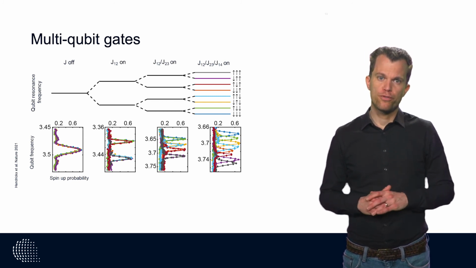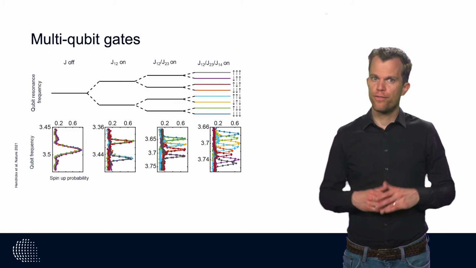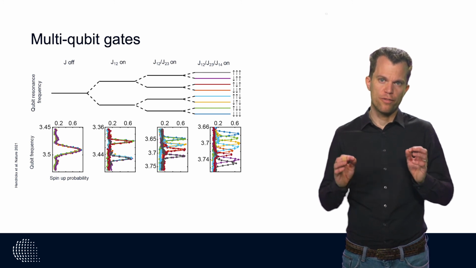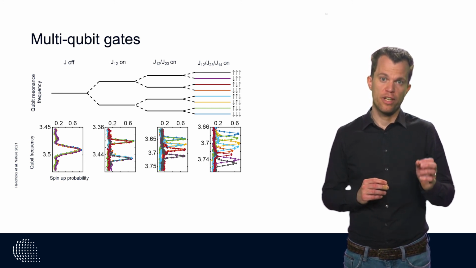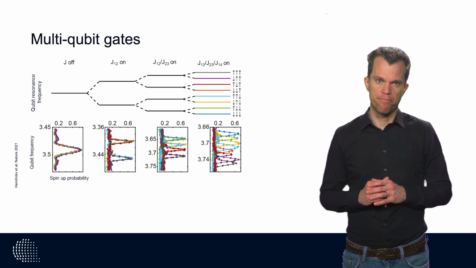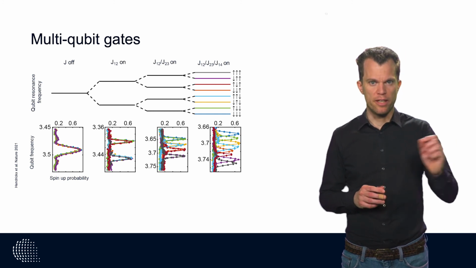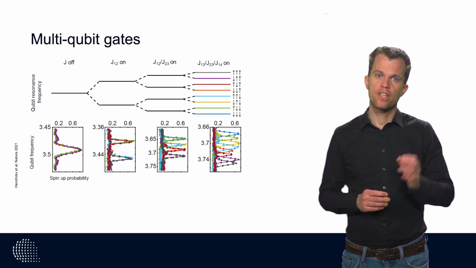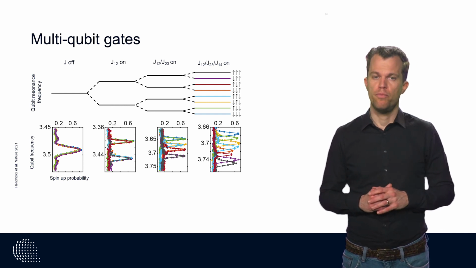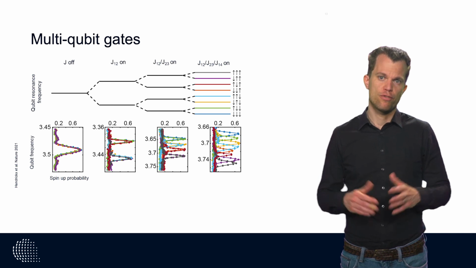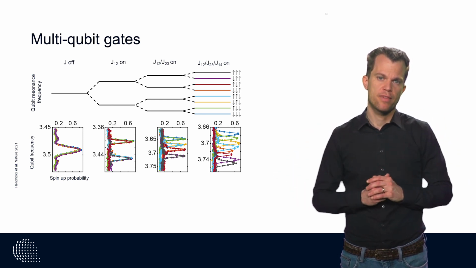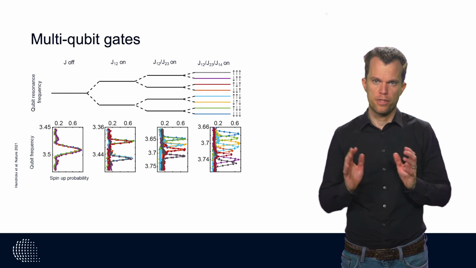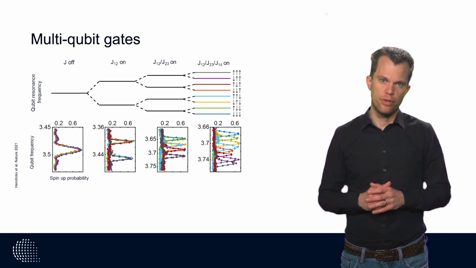Now, if we couple 3 quantum dots, we observe 4 possible resonance frequencies. Driving one of these frequencies will result in a two-fold controlled rotation, a 3-qubit gate. And that is, we change the state of one qubit only if the other 2 qubits meet a certain condition, for example, all pointing down. Such an operation is in the class of the Toffoli gate, or specifically, it is called an I-Toffoli.